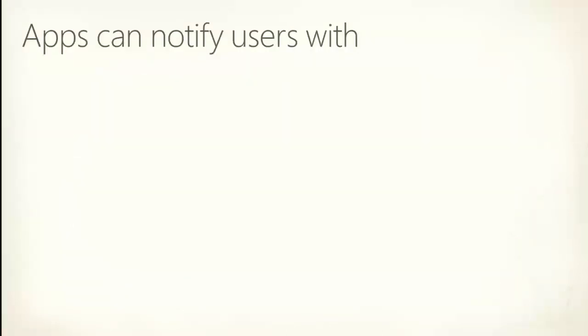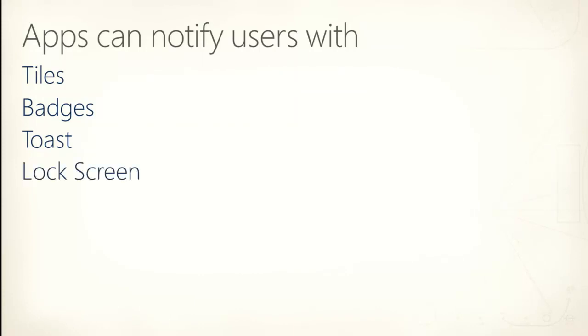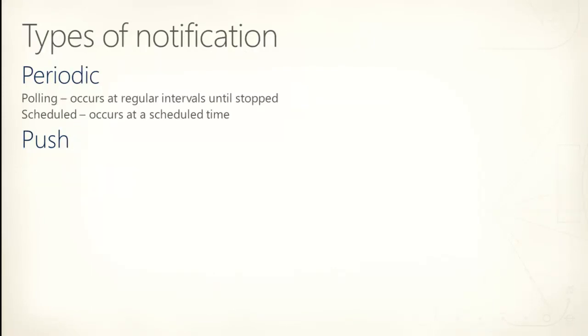Apps can actually notify users with tiles, badges, which are actually the little number on the side of the tile, and toast. So if you've seen things from the mail app or something like that, where a thing pops out on the side, that's a toast. And also on the lock screen. And the API for this is all related, and once you've done one, it's pretty easy to do the others. As for the types of notification available, well, there's periodic and there's push.